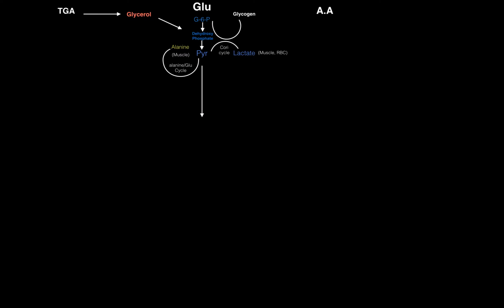Okay. So then this pyruvate needs to be further broken down to produce more ATP, because in this process it can produce only a low amount of ATP. But if you want to produce more ATP, roughly 34 to 38, we need to move this pyruvate and shuttle it to the mitochondria.